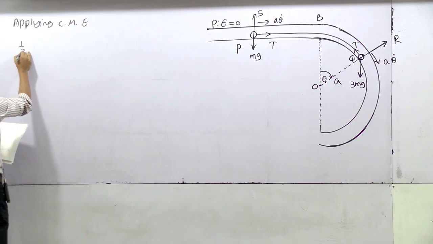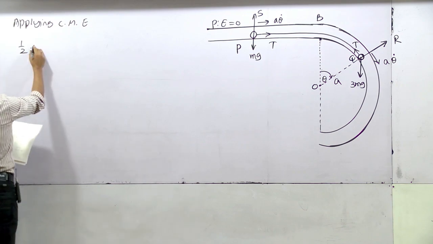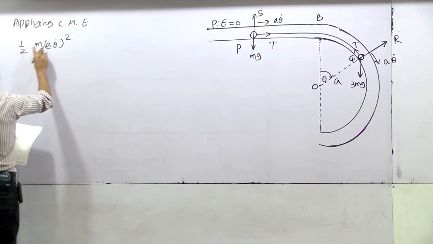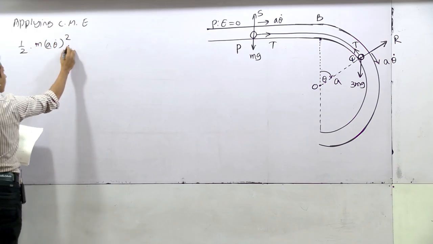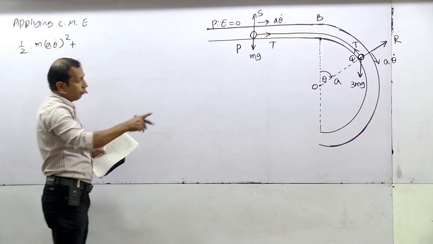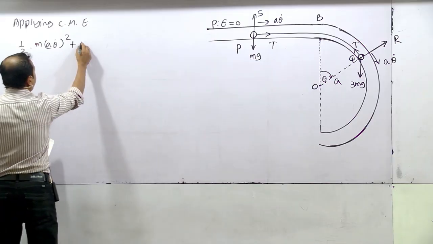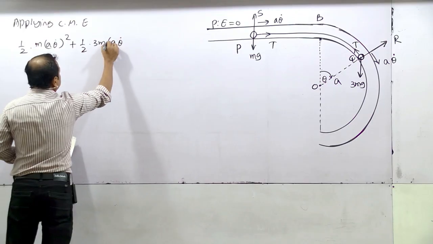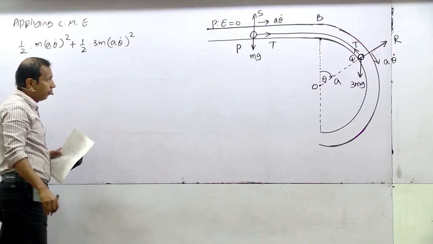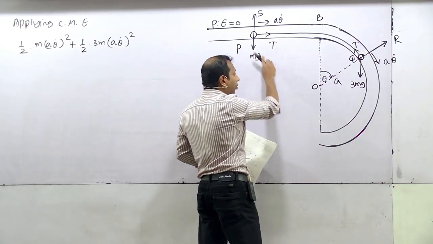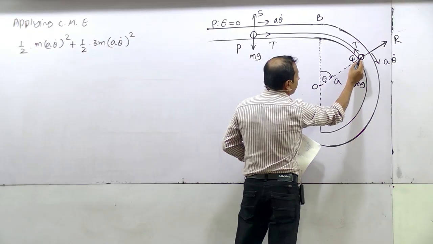First one, kinetic energy of P, half m a theta dot squared, half m v squared. And the kinetic energy of Q, half 3m a theta dot squared. And here potential is 0, but here this has potential energy negative.